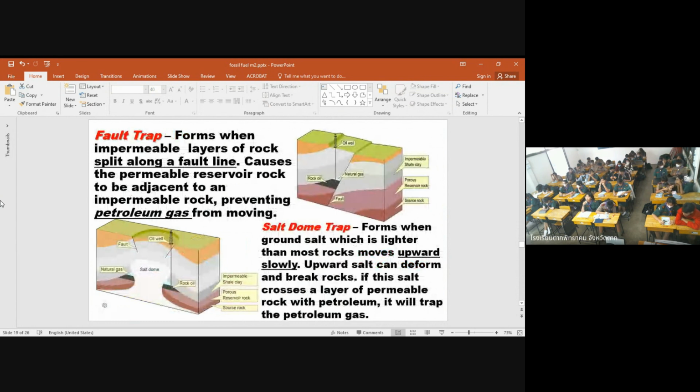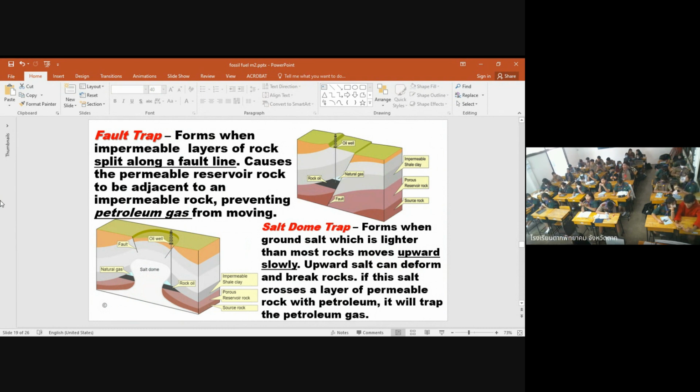Next we have your fault trap. It forms when impermeable layers of rock split along the fault line. It looks like the rock has been faulted. When we say faulted, it's like they are moving.